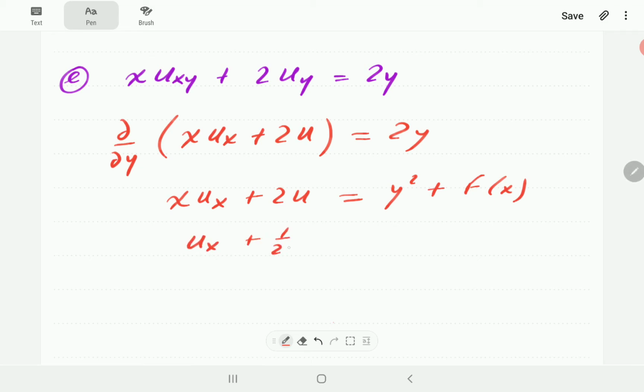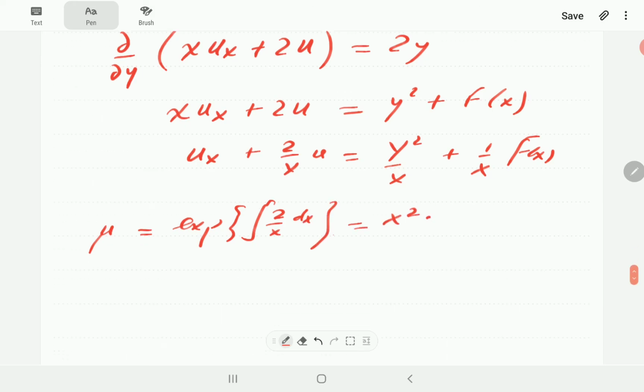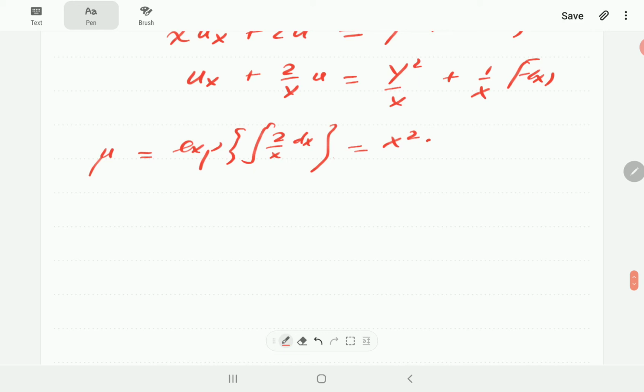So if we divide everything by x here, we get u_x plus 2 over x u equals y squared over x plus 1 over x f of x, then we can integrate this. The integrating factor is going to be the exponential of the integral of 2 over x dx, which is x squared.